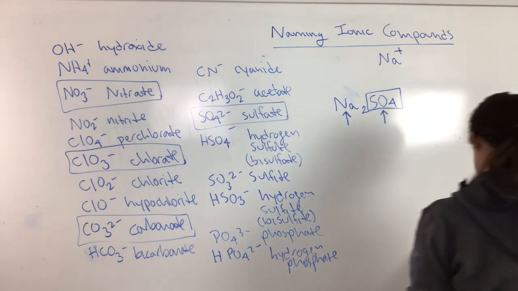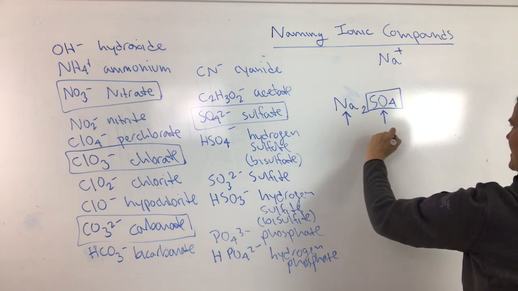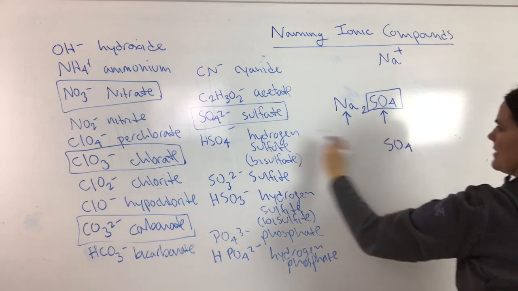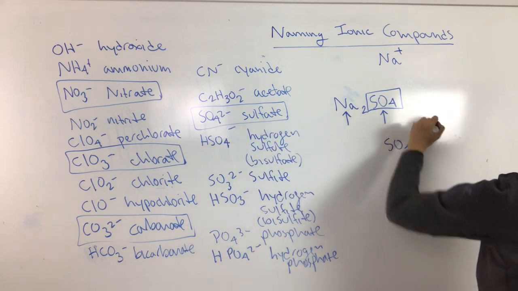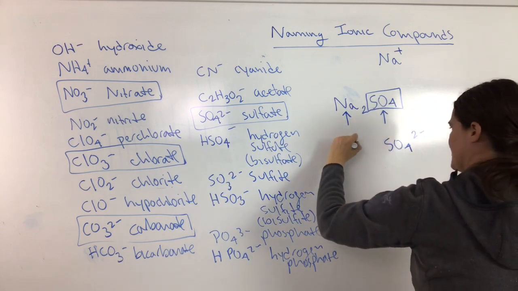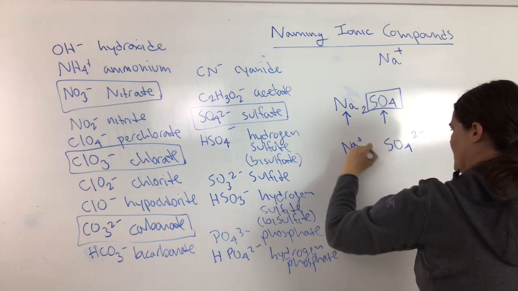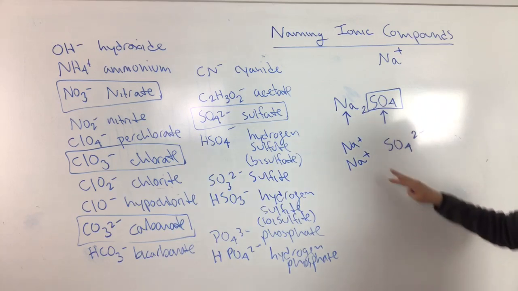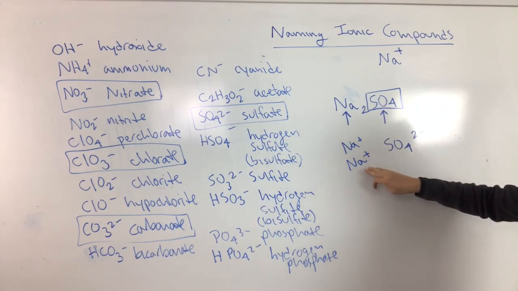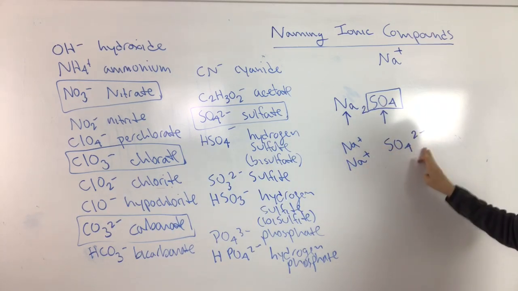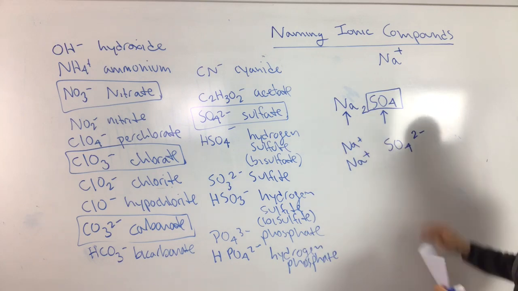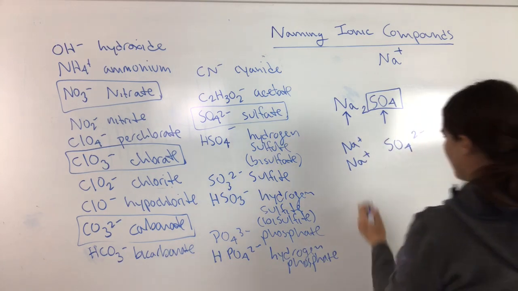Let's just look at the charges on these real quick. First of all, the SO4 has a 2- charge, and we have 2 sodiums, which each have a positive charge, because remember, sodium always has a +1 charge. So we have a +2 here, -2 here, so the total charge adds up to 0.